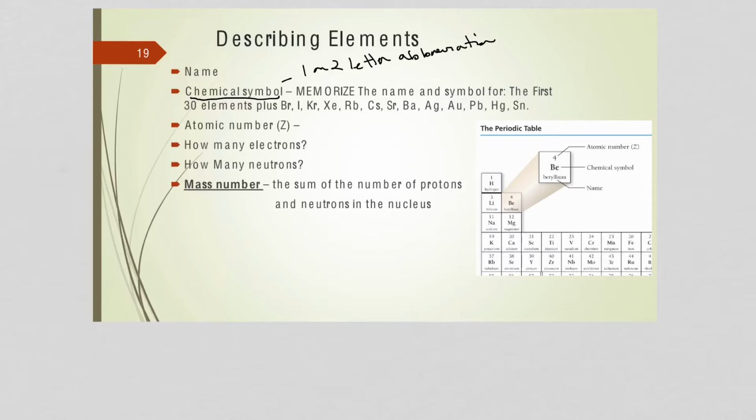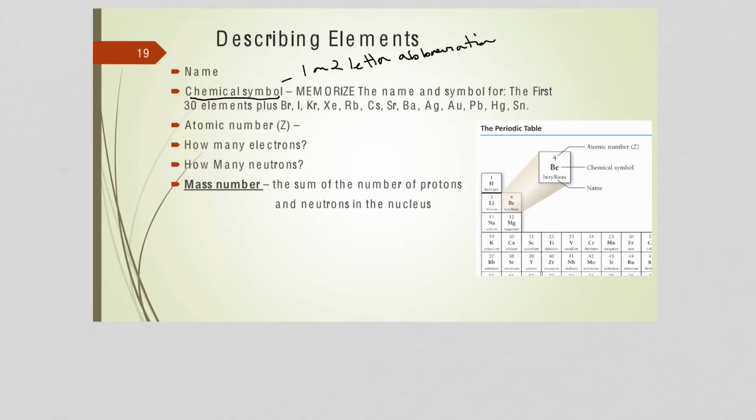And with that being said, while I am not going to require you to memorize the entire periodic table, all 118, 119 elements, there are some elements, roughly about 40 of them, that we do need to memorize the name and symbol.